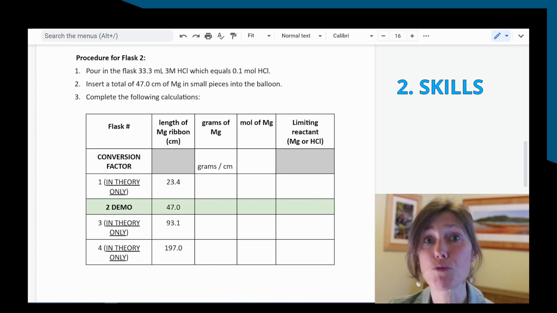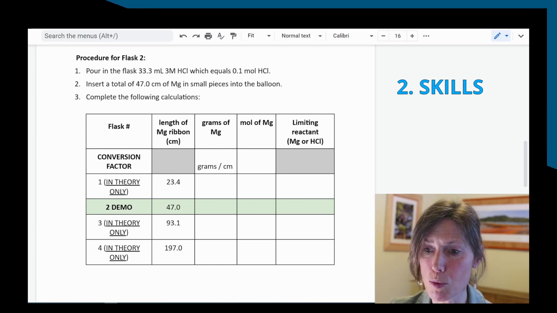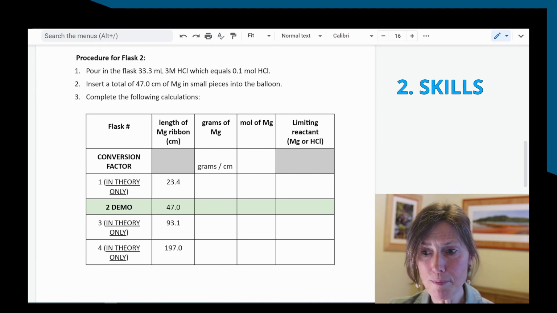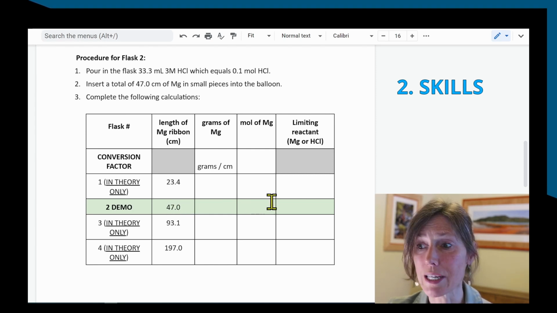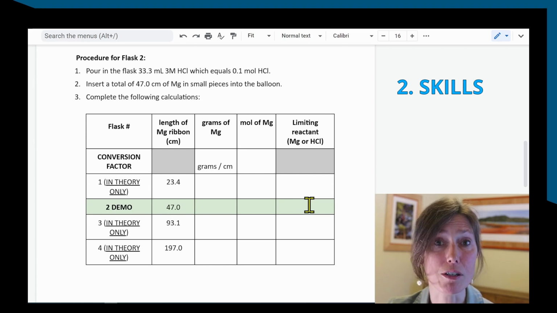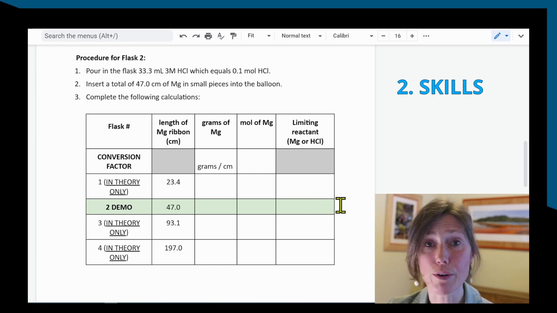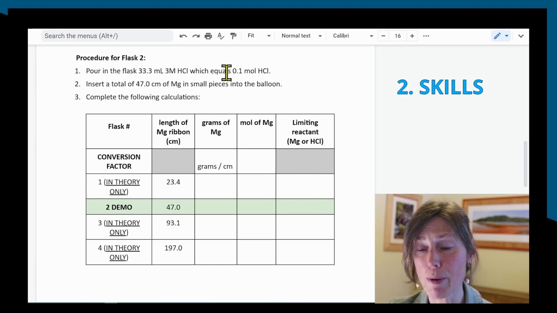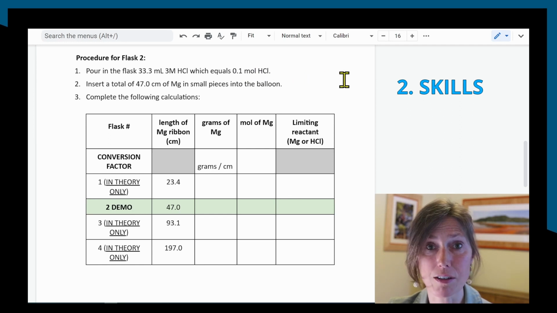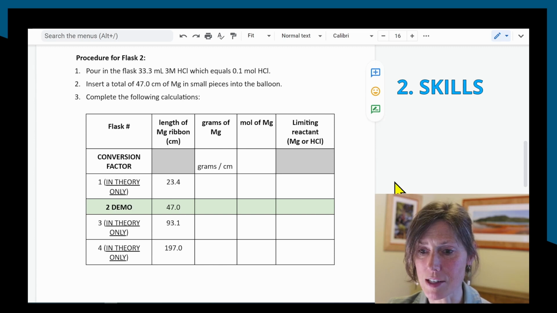It involves 47 centimeters of magnesium ribbon that they will weigh, and then they can convert that mass into moles, and subsequently they can figure out, based on stoichiometry, whether the magnesium or the hydrochloric acid, there's about 0.1 moles of HCl in the flask that I demo, is limiting or in excess.